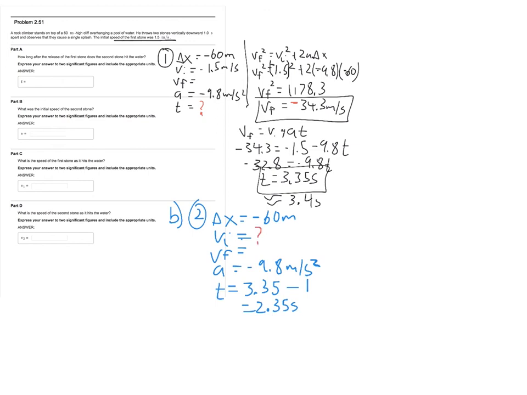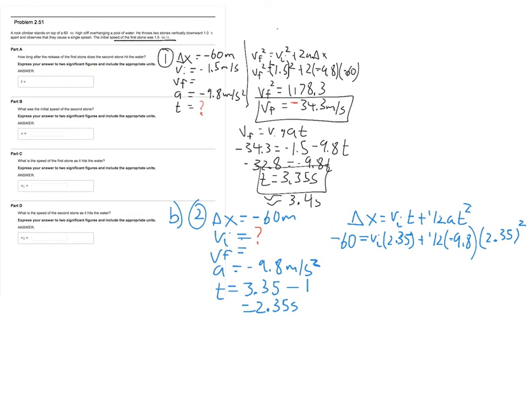So now I have enough to work with, and I can calculate the first thing that I'm asked to calculate, which is the initial velocity of that rock. So I go ahead and plug in what I know here. So I have negative 60 equals VI times that 2.35 plus 1/2 times negative 9.8 times that 2.35 squared.